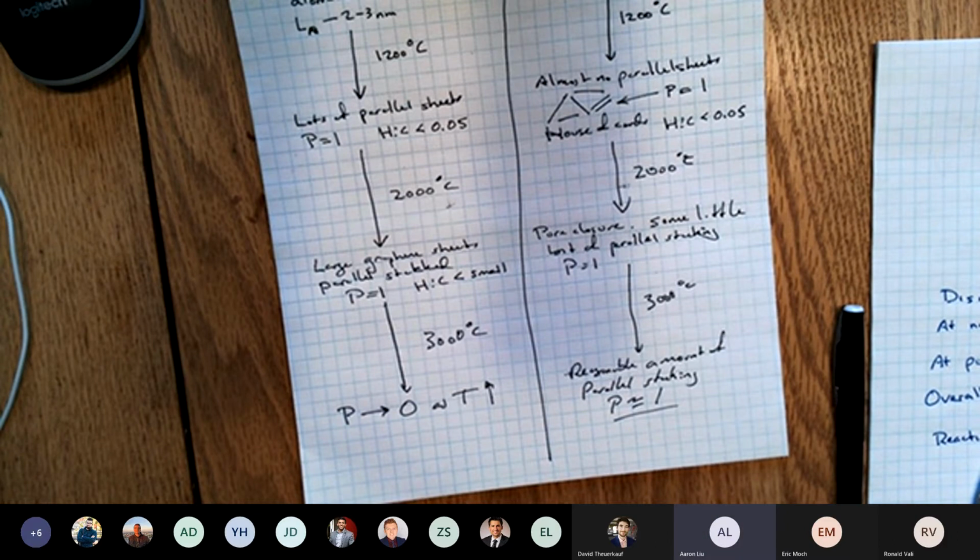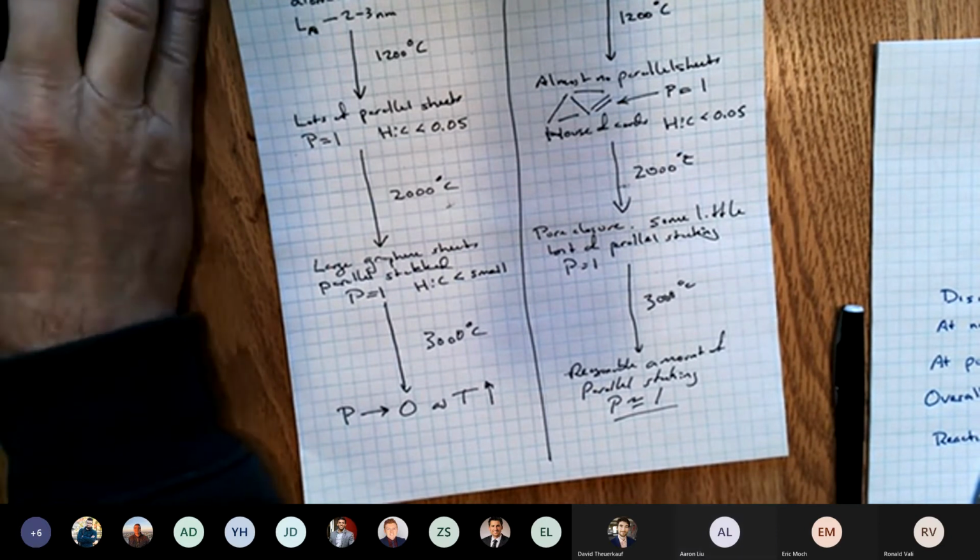Or is that not possible? I don't know the answer. So you're basically saying grind the heck out of the precursor, make it nanometer size, and then heat it up and see what happens. Yeah. I don't know what would happen. I would be surprised if it hasn't been tried by someone somewhere, though. Okay, thanks.